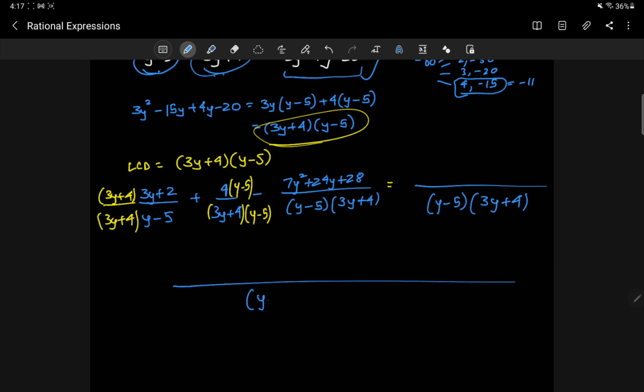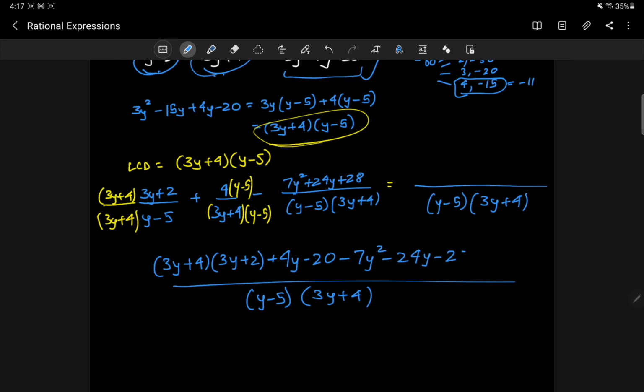So I have y minus 5 times 3y plus 4. So I have a 3y plus 4 times a 3y plus 2 plus, this looks like I can distribute it right now, 4y minus 20. Now the subtraction distributes, so it's minus 7y squared minus 24y minus 28.